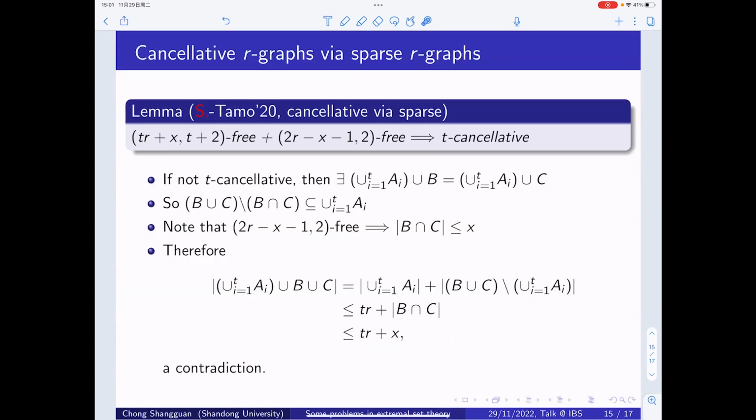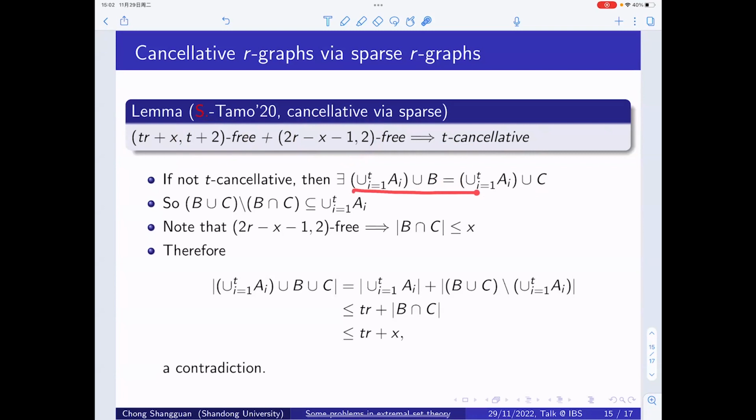So basically, we want to show that if an r-graph has these two VE-free properties, then it must be t-cancellative. So assume for the sake of contradiction that this r-graph is not t-cancellative. Namely, we have t+2 distinct edges, the A_i, B, and C, and this equality holds.